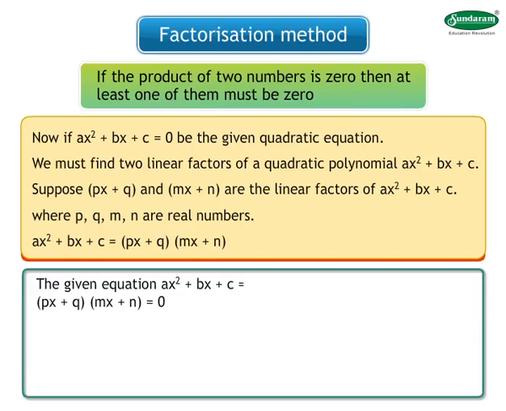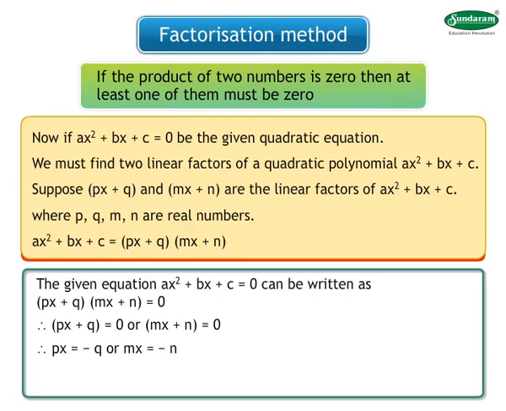The given equation ax square plus bx plus c is equal to 0 can be written as px plus q into mx plus n is equal to 0. Therefore, px plus q is equal to 0 or mx plus n is equal to 0. Therefore, px is equal to minus q or mx is equal to minus n.